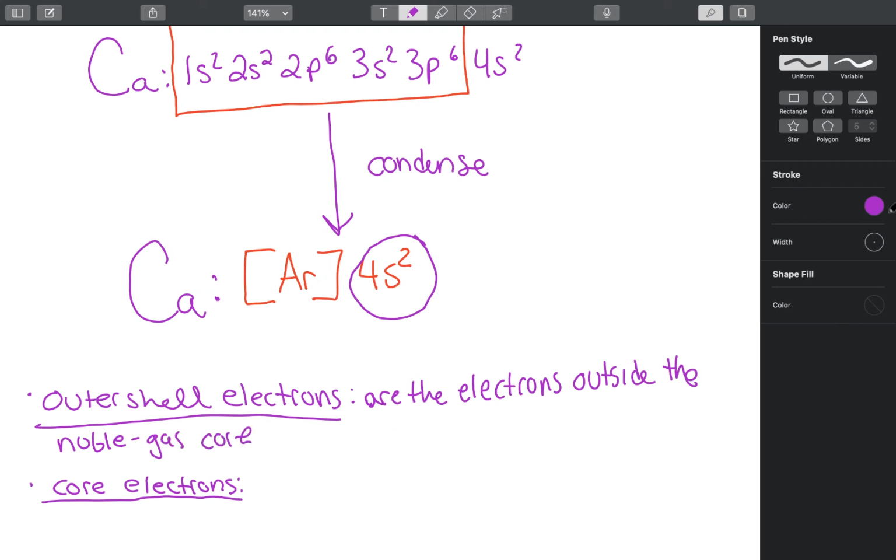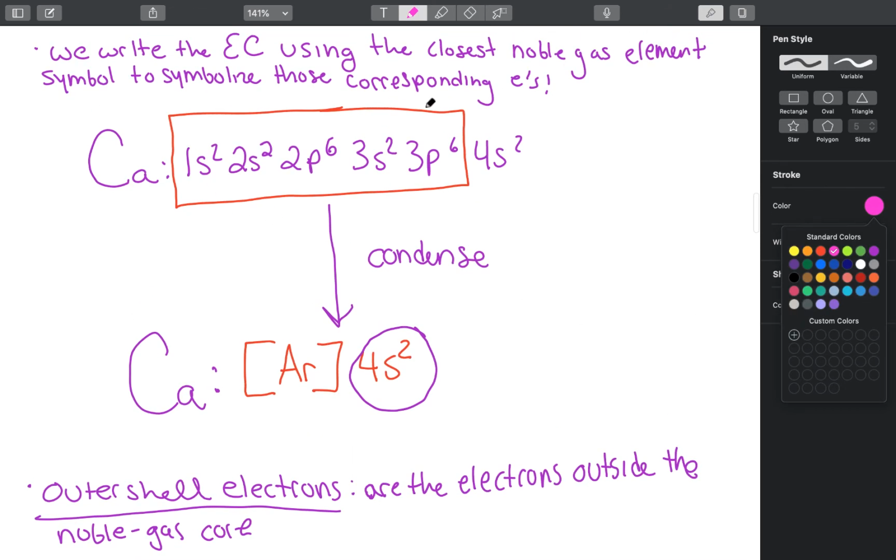While the core electrons, let's circle the core electrons. So the core electrons, in this case calcium, would be the electrons within this red box.